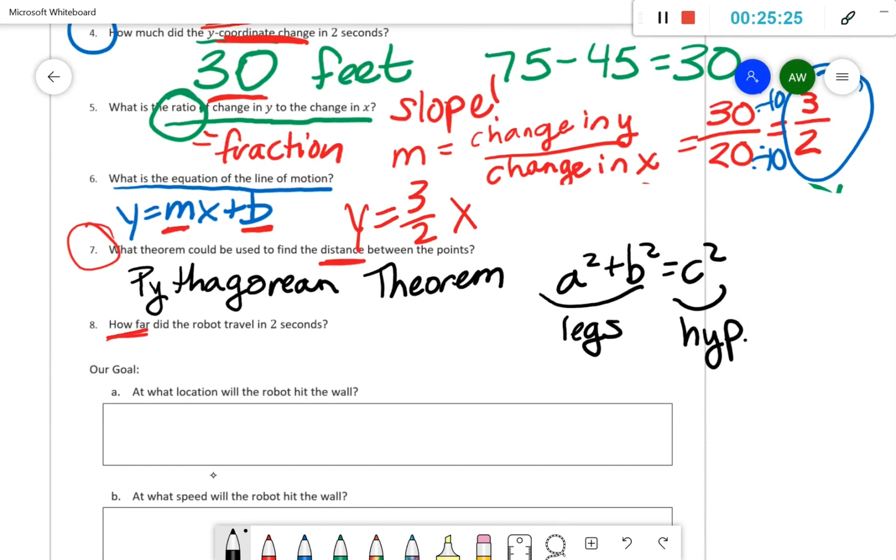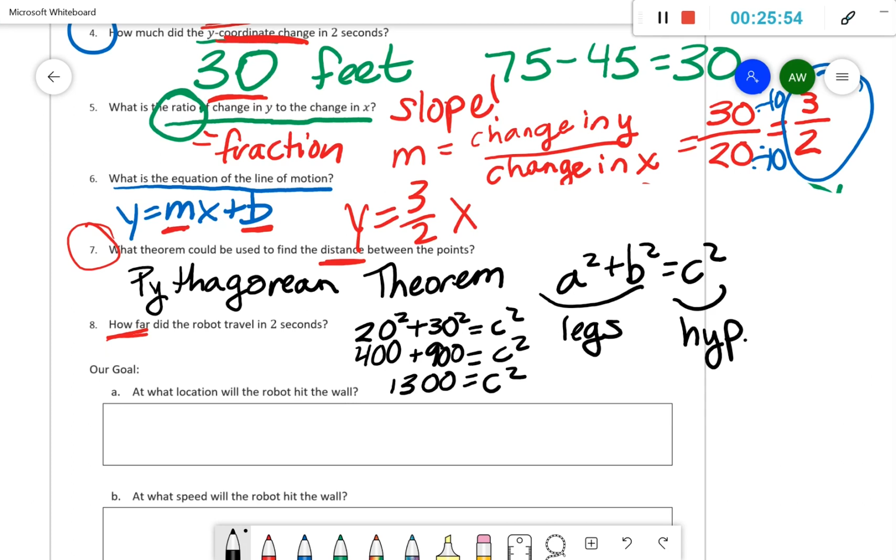and we get 20 squared plus 30 squared is equal to c squared. When I put this in my calculator, I get 400 plus 900, which is 1300, is equal to c squared. Now, is 1300 my answer? The really big thing we want to ask ourselves is, does 1300 make sense?